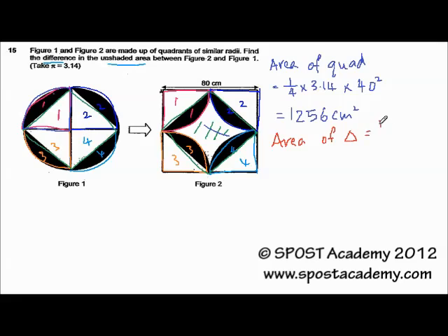The area of the triangle is equals to half times base, again the radius, which is 40, and height, again the radius, which is 40, and I will get 800 cm square.